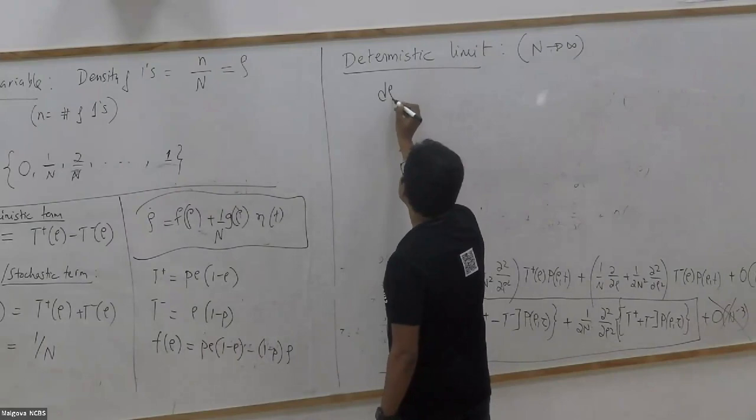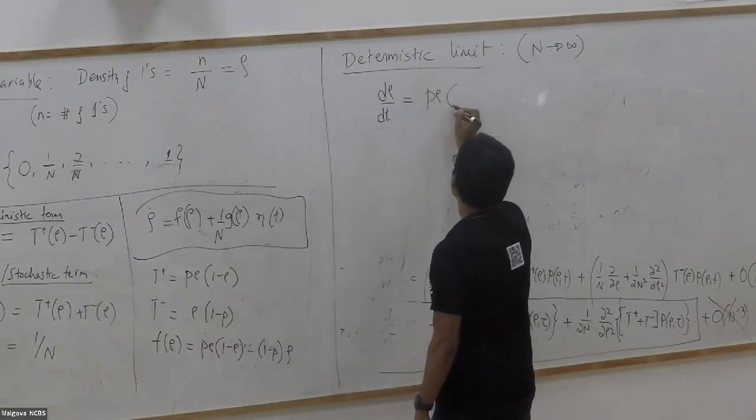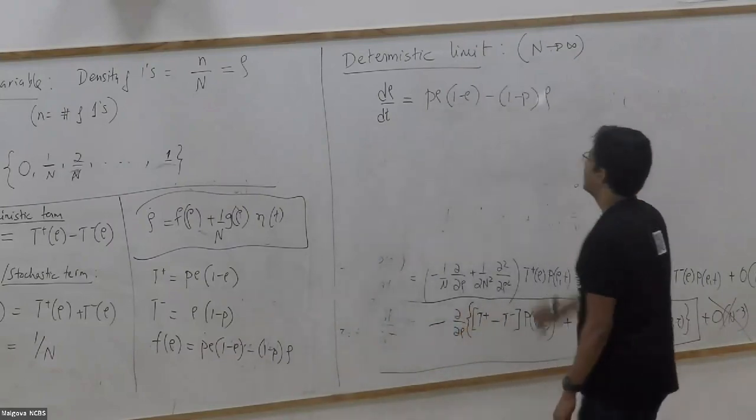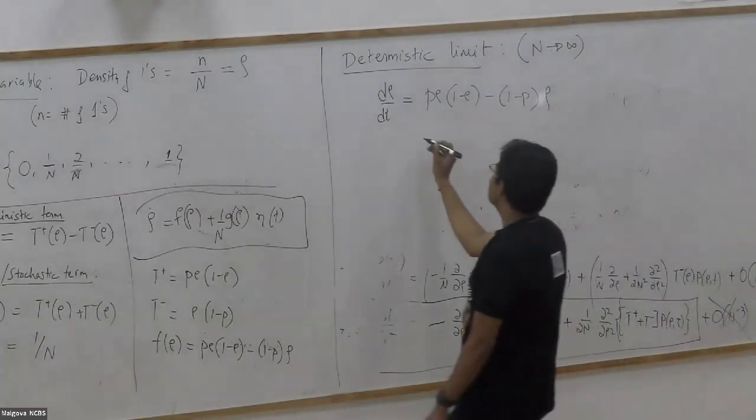I will have d rho by dt is equal to p rho (1 minus rho) minus (1 minus p) times rho. Okay, let me simplify this a bit.